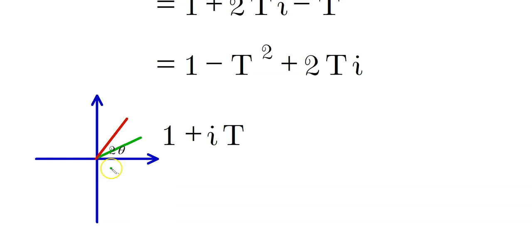Then what are the components? Well, the vertical one would be this leg right here, and the horizontal one would be this leg right here. So in other words, relating it to this expression here, what we have then is the following.